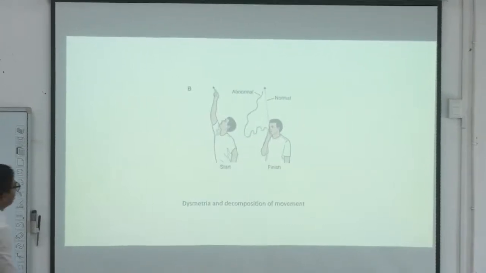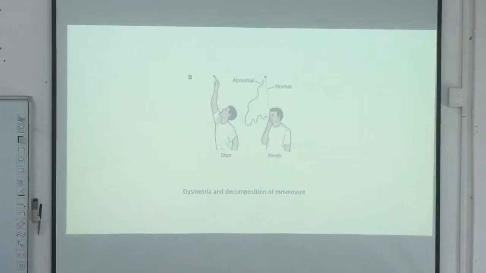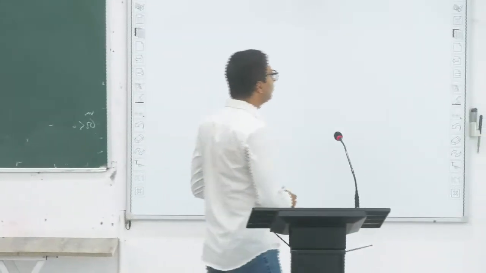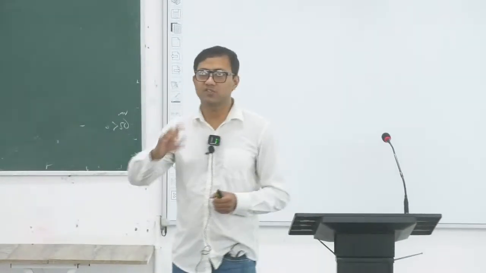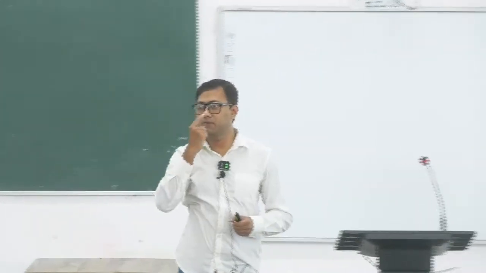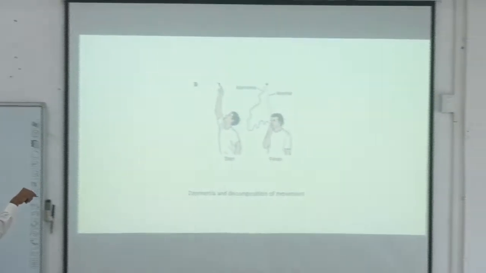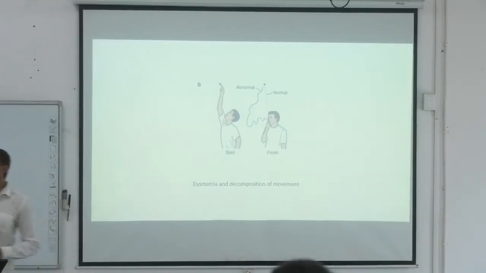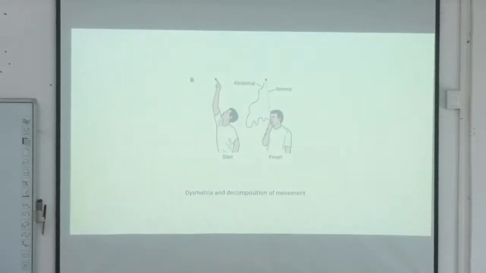Now the next point is dysmetria and decomposition of movement. If I ask the patient to touch a point above, and then touch the tip of the nose, here is a point above, the patient is starting from this point, and the patient will finally touch the tip of his nose.